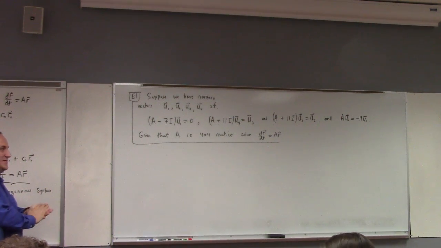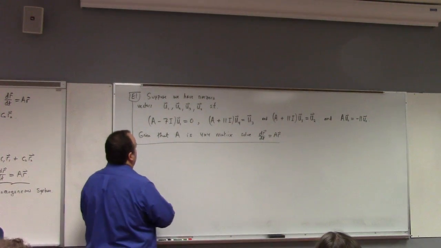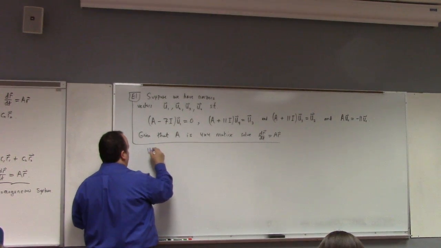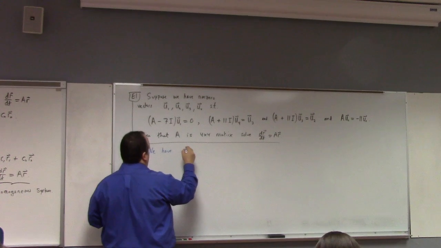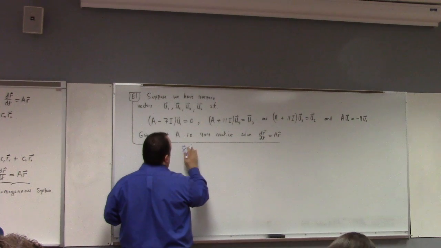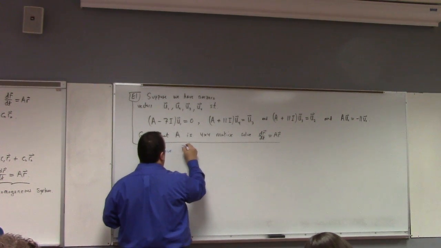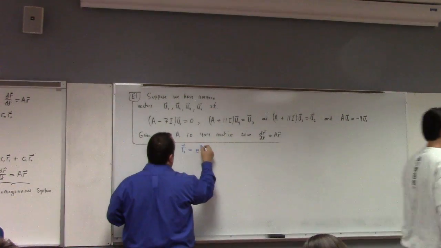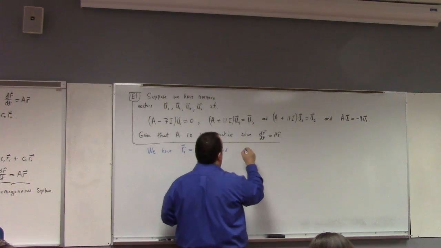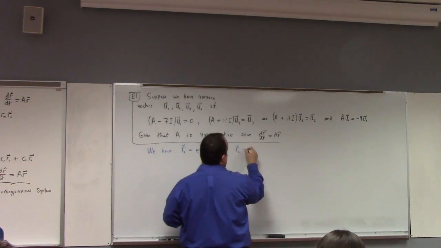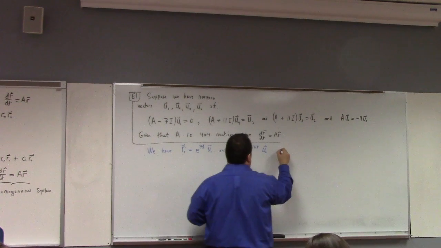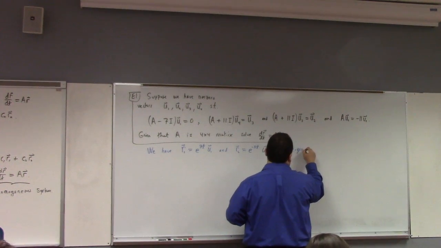For example here. So, first of all, from this one, I'll tell you right off the bat, we have, oh, my bad, I've been trying to use r lately. r1 equals e to the 7t u1, and let's call it r2 equals e to the minus 11t u2 as eigensolutions.